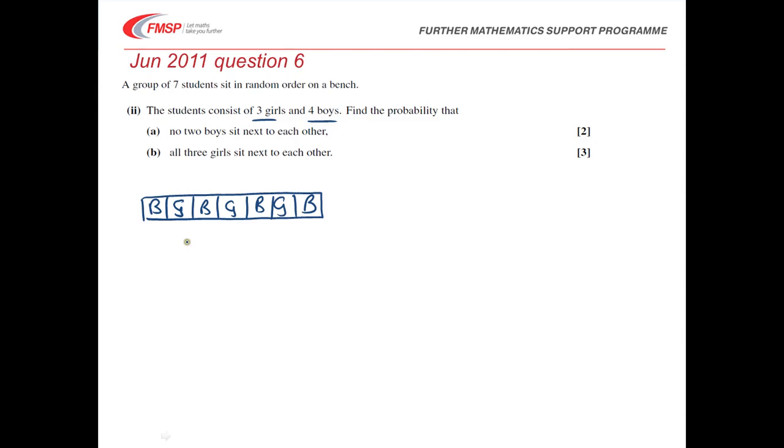Okay, so we could just go through the probabilities of this. For the first slot, there are 4 boys out of 7. Then there are 3 girls out of the remaining 6 people. There are then 3 boys out of the remaining 5 people, 2 girls out of the remaining 4 people, 2 boys out of the remaining 3 people, 1 girl out of the remaining 2 people, and then 1 boy out of the remaining boy.